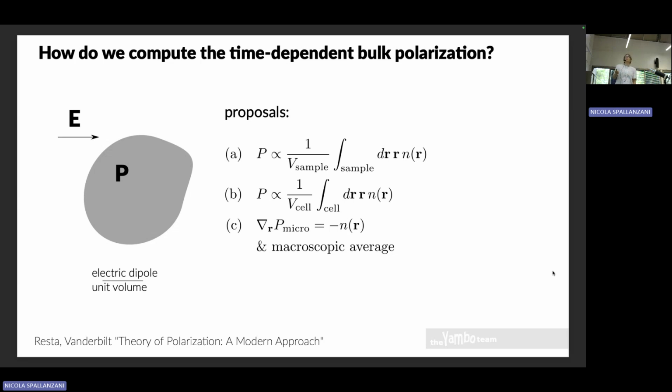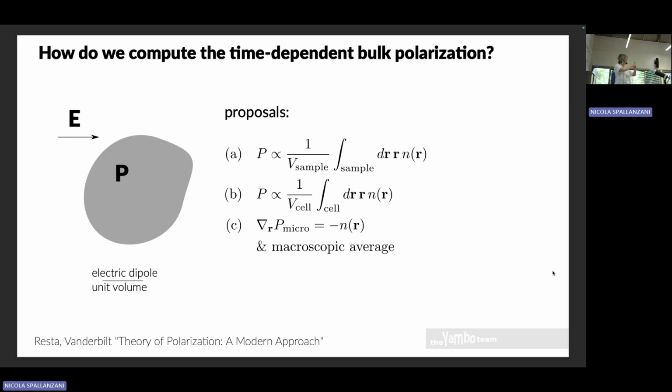So you say, okay, actually we have a unit cell, so I can take the same approach, but just integrating over the unit cell. The problem of this approach is that it depends on how you choose the unit cell.